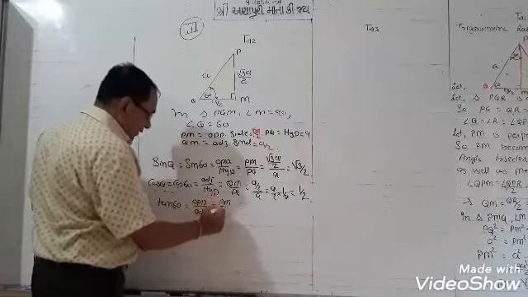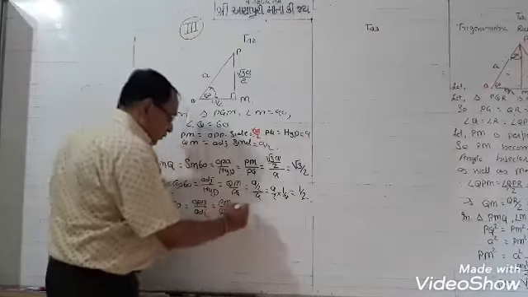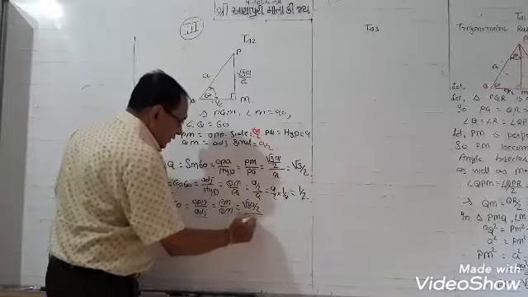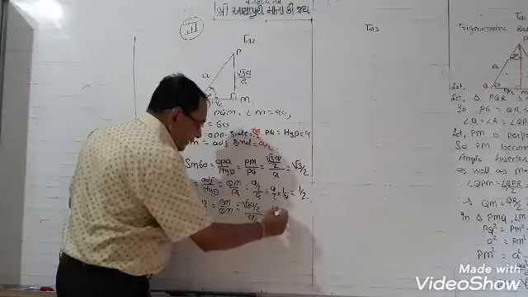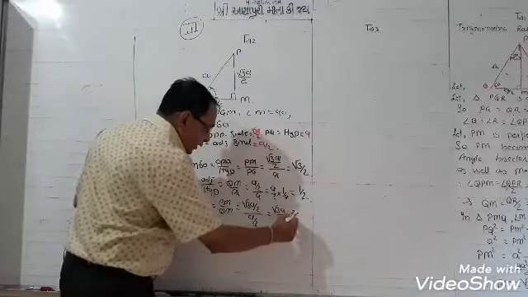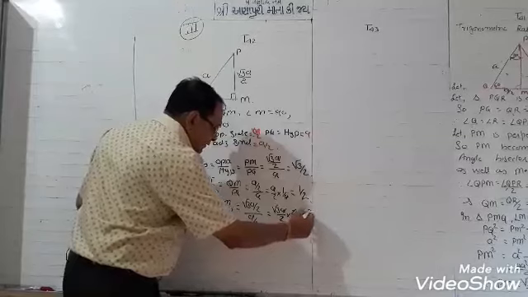Adjacent side is equal to QM, which is a by 2. So root 3a upon 2 multiplied by 2 upon a. A cancels, 2 cancels. That means tan 60 is equal to root 3.